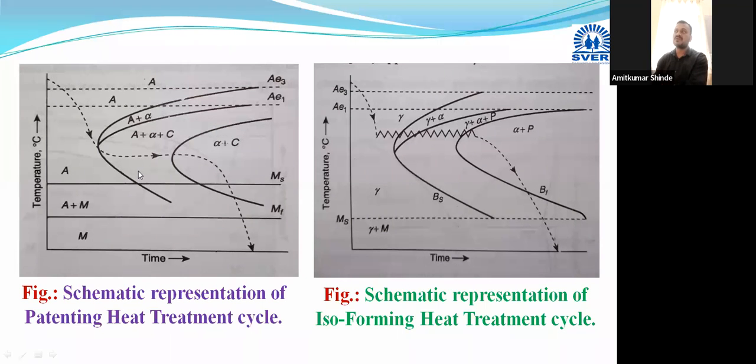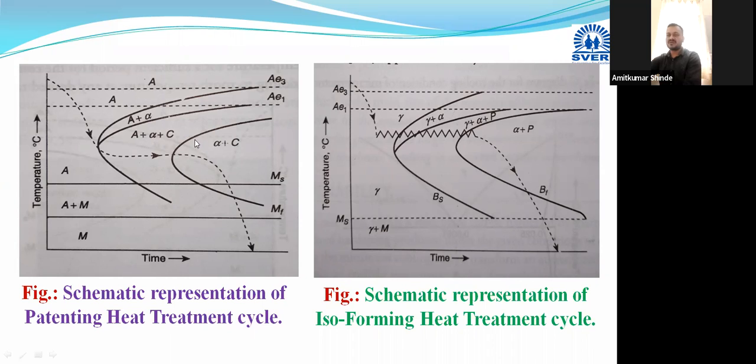Whichever salt bath mixtures I have told you, for heating purposes we are using different salts: sodium chloride, calcium chloride, then sodium nitrite, sodium nitrate, potassium nitrate. Like this, a mixture of different salts is there. Depending on their temperature range, different salt mixtures are used.